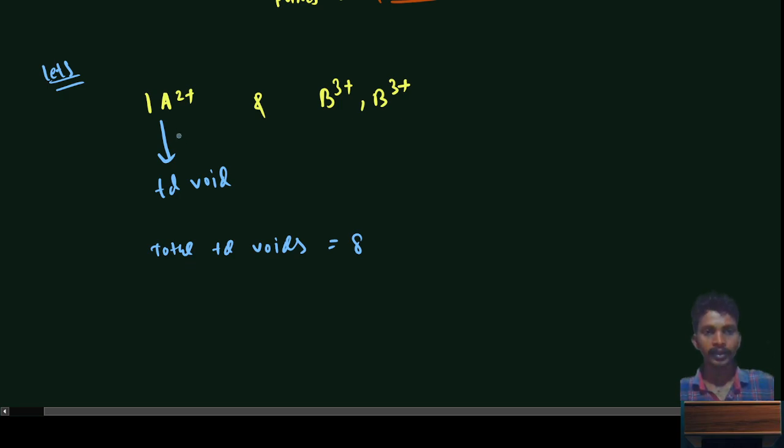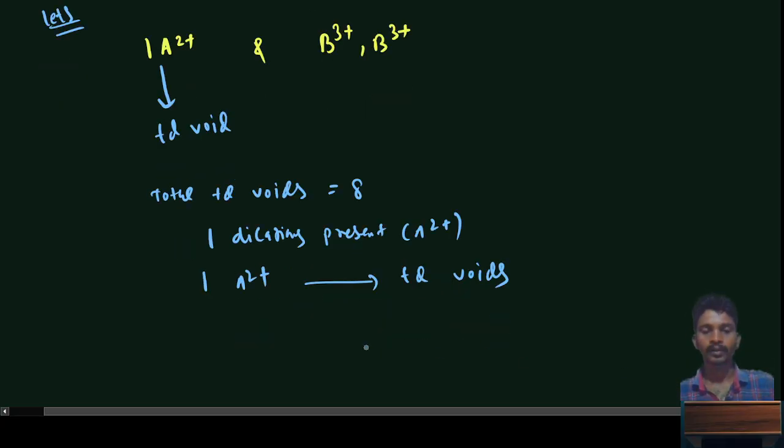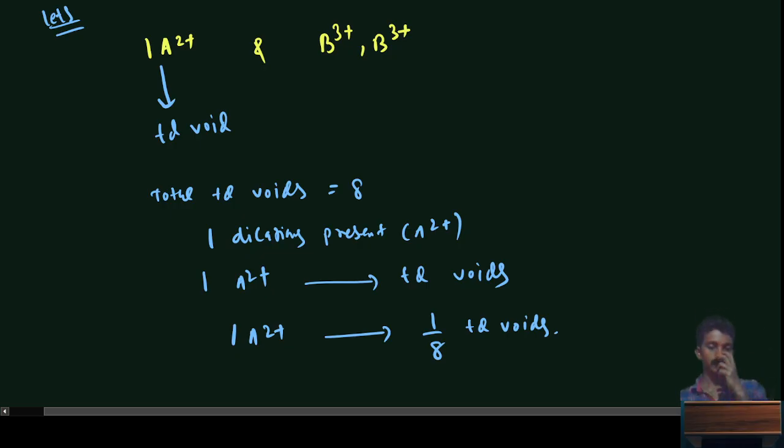So one dication, that is one A2+, goes to tetrahedral sites, and it occupies 1 upon 8 of the tetrahedral sites. Because one dication is going to the tetrahedral sites and the total tetrahedral sites are 8, it requires 1 upon 8.